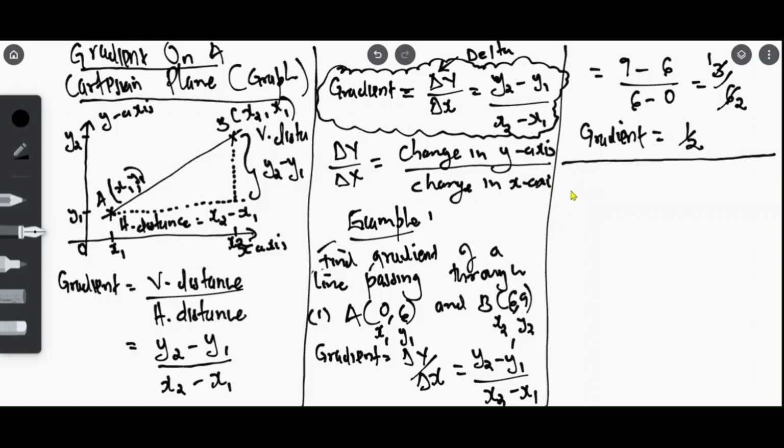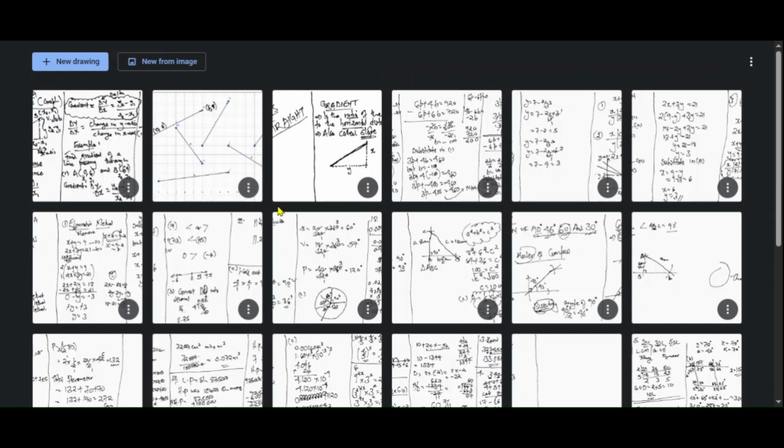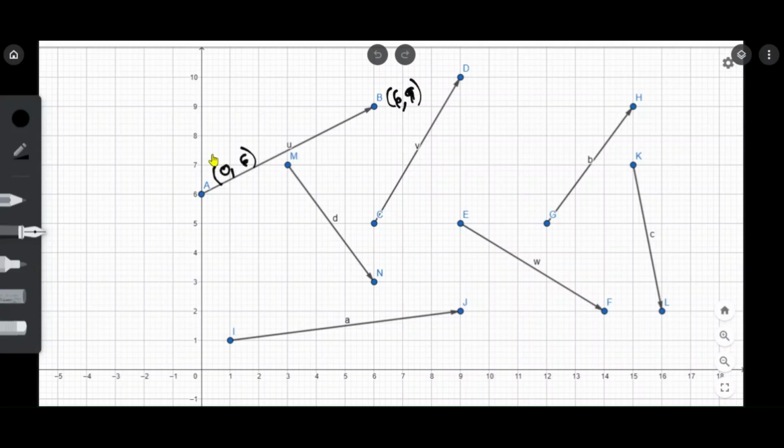If I want Roman 2, I pick another line. Let me pick another line here to see what I will get. I pick the second one, this line CD.